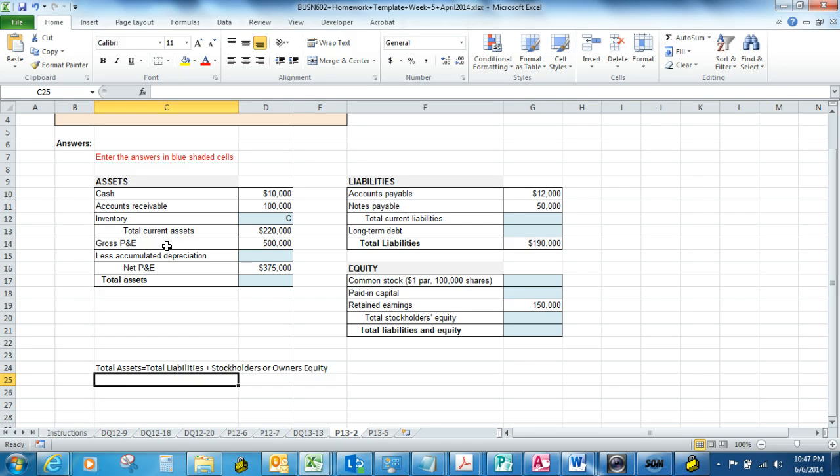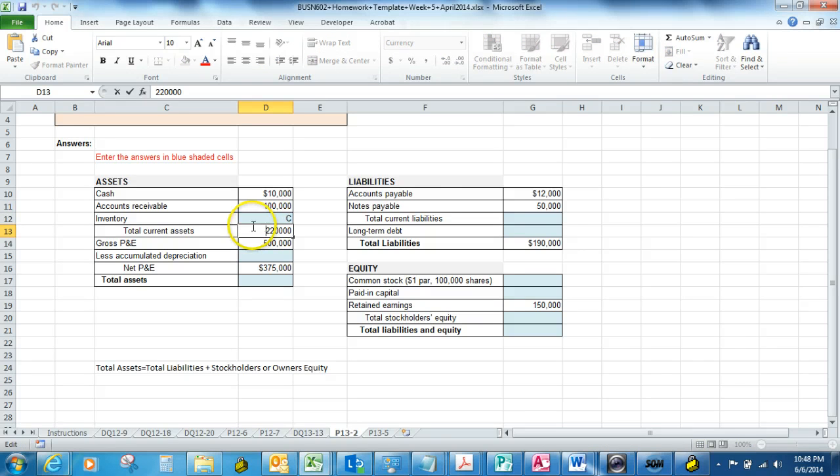Okay, so let's start out and let's see if we can work through this problem. So we know that all three of these are going to add up to give us our total current assets.